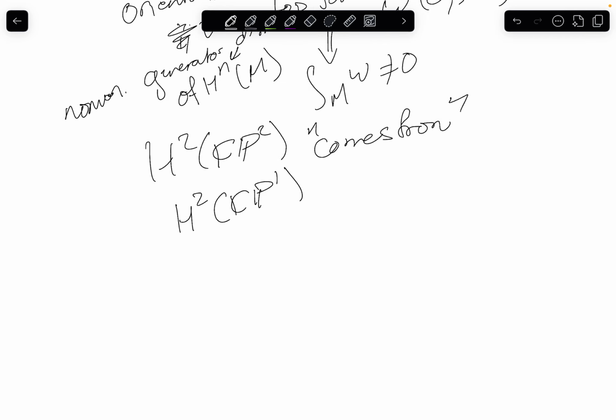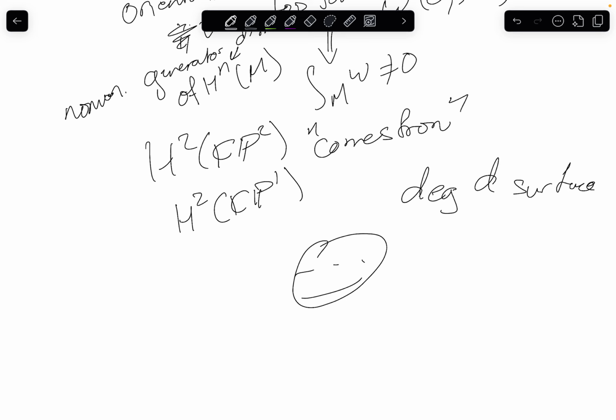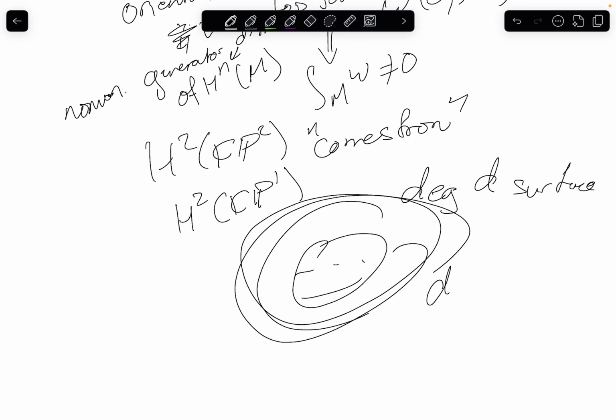So that means you have some sort of a spherical hole inside CP2. And interestingly, what our discussion so far has told us is that a degree D surface actually wraps around this guy D many times.